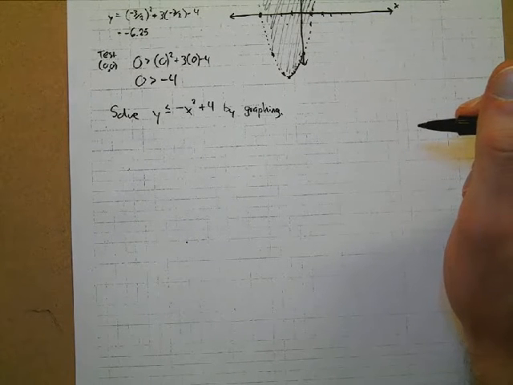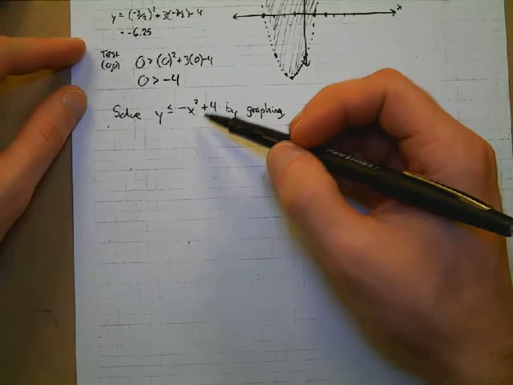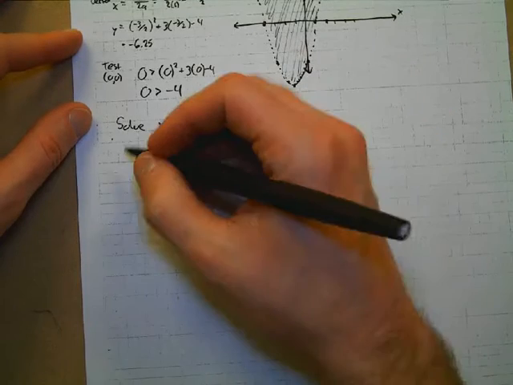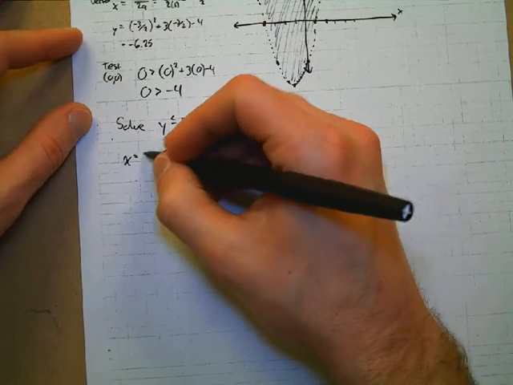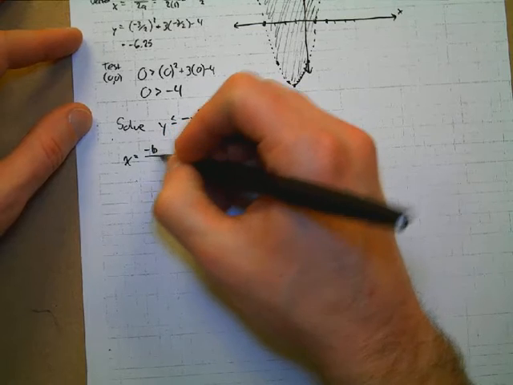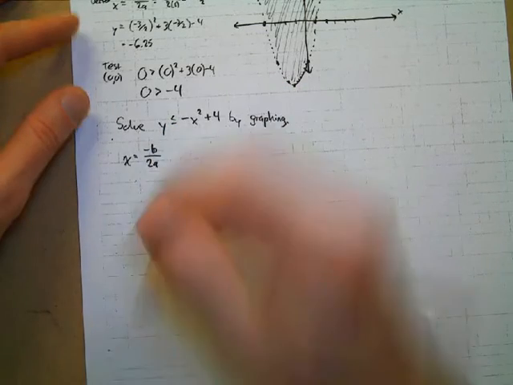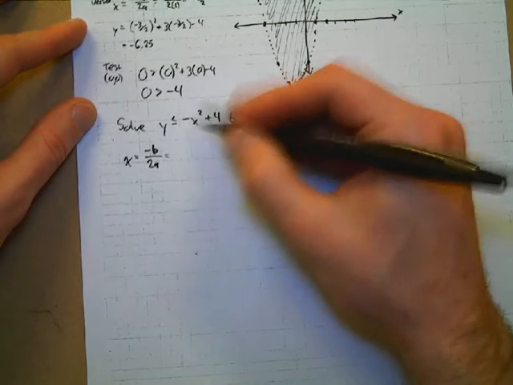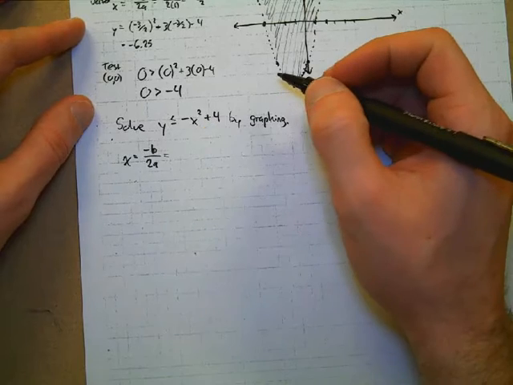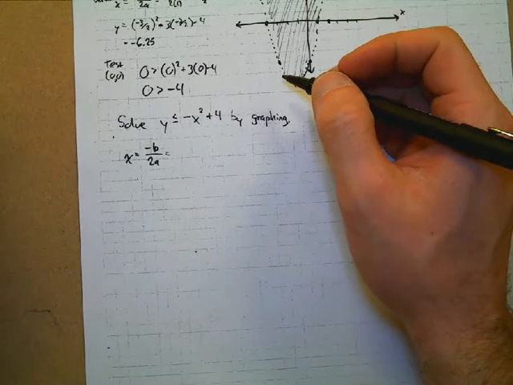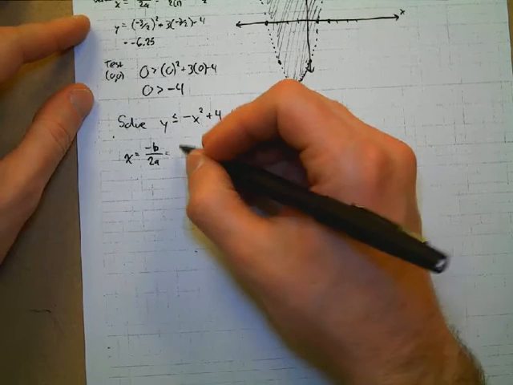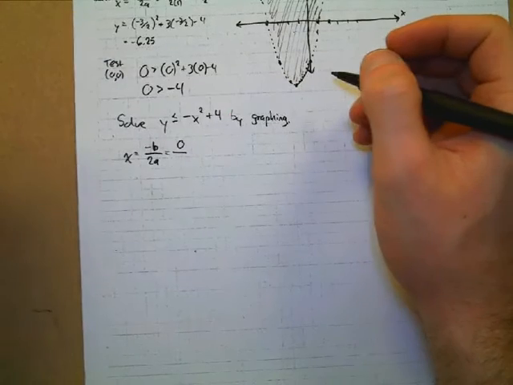So x equals negative b over 2a. Okay, so what is our value for b in this case, Amanda? 0. It would be 0. Very good. And then what's the value for a? Yeah, negative 1. Very good. So 0 divided by a negative 2 is still going to be 0.